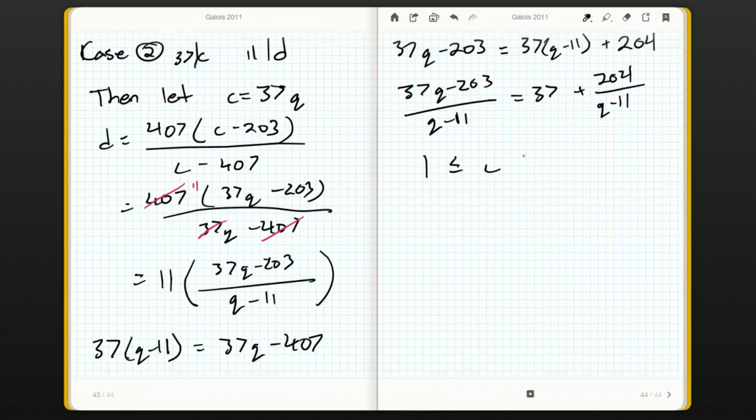And once again, c is between 1 and 135. So q is going to be between 1 and 3. So that means that negative 10 is less than q minus 11, it's less than negative 8. And none of these are factors of 204.